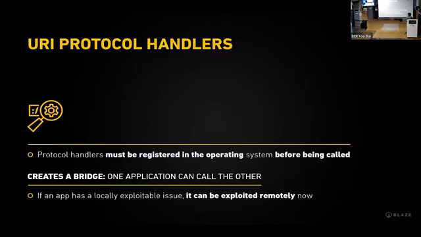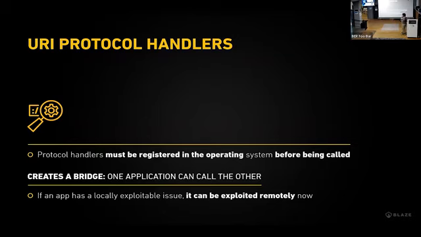And the thing is, this creates a bridge where one application can call the other. We speak about browsers, but other applications like a messenger application and some native applications can also have this same ability to call external programs.